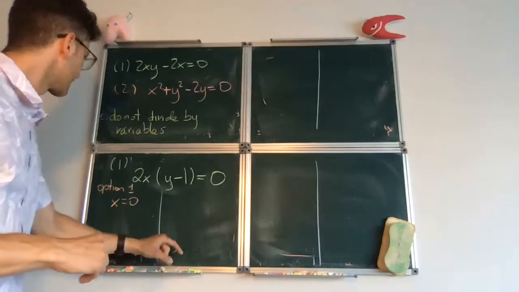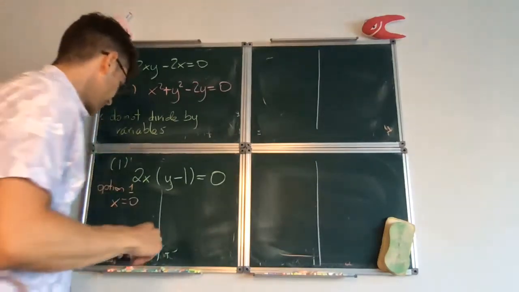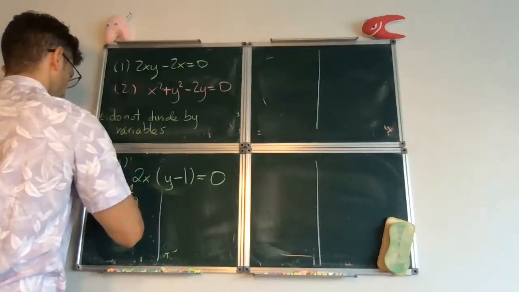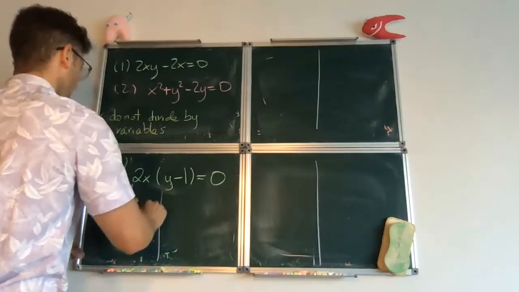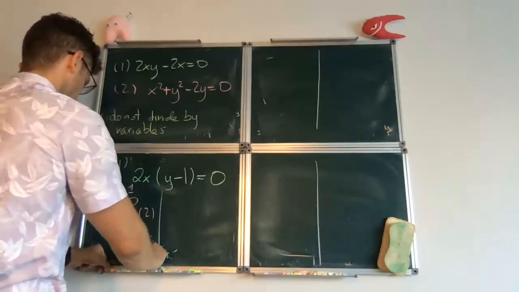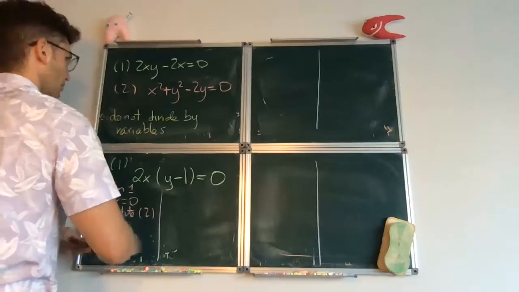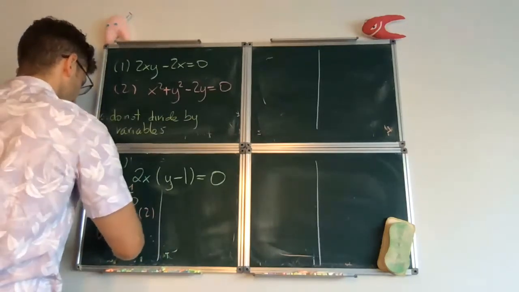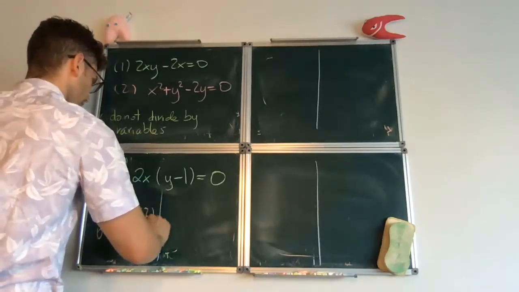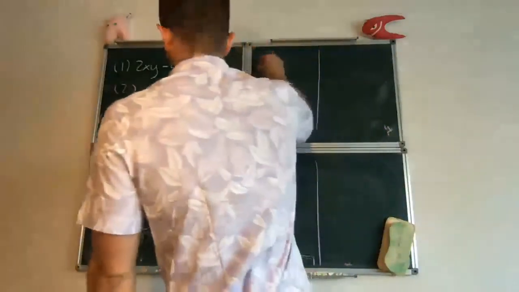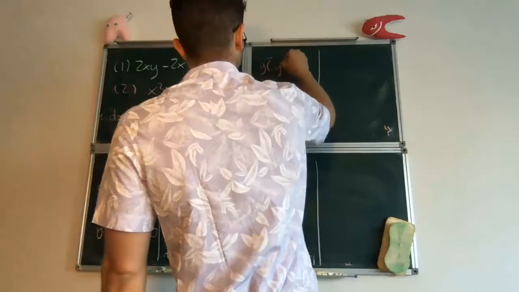If that happens, then you can substitute in 2, right? And you get 0 squared plus y squared minus 2y equals 0, which is the same as y times y minus 2 equals 0.